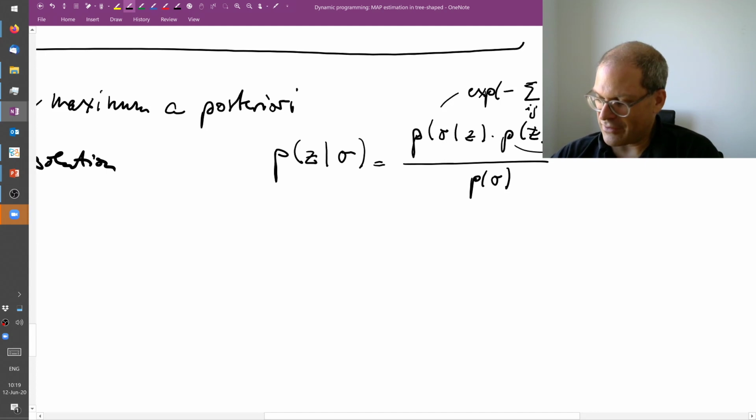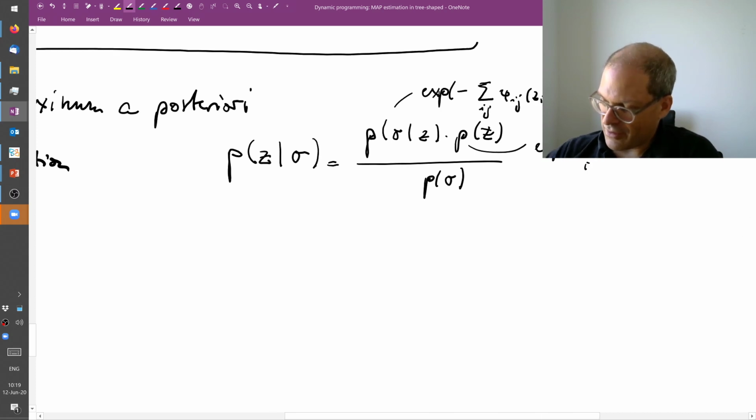So I could write this as a product over priors of single variables, or I can write this similarly in terms of a summation over unary potentials here.